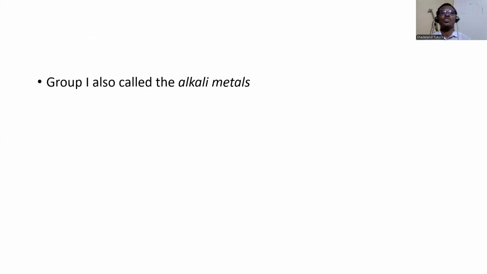So, group 1 elements are also called the alkali metals. Please take note of that. If they ask you which group of the periodic table contains the alkali metals, you should be able to state it.